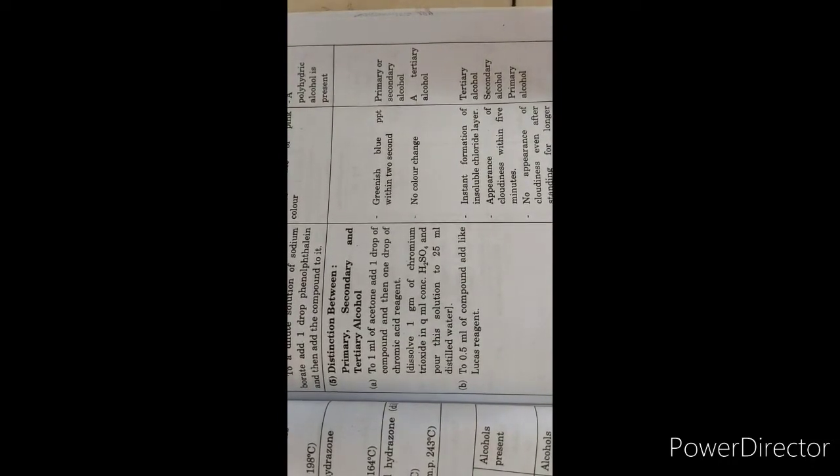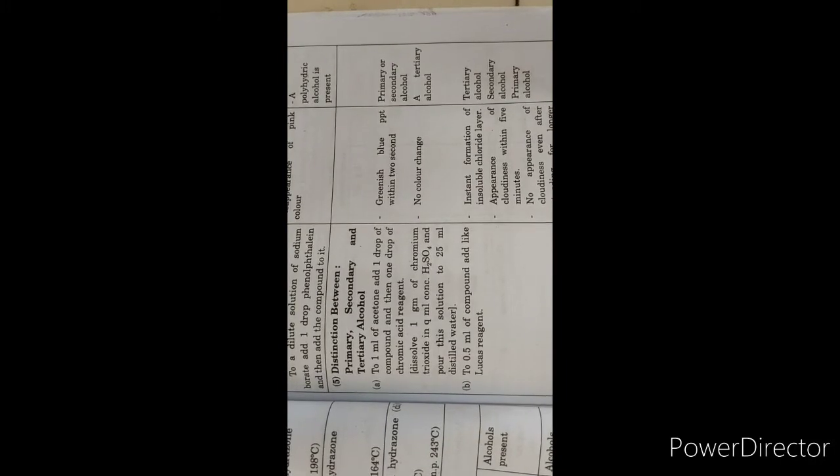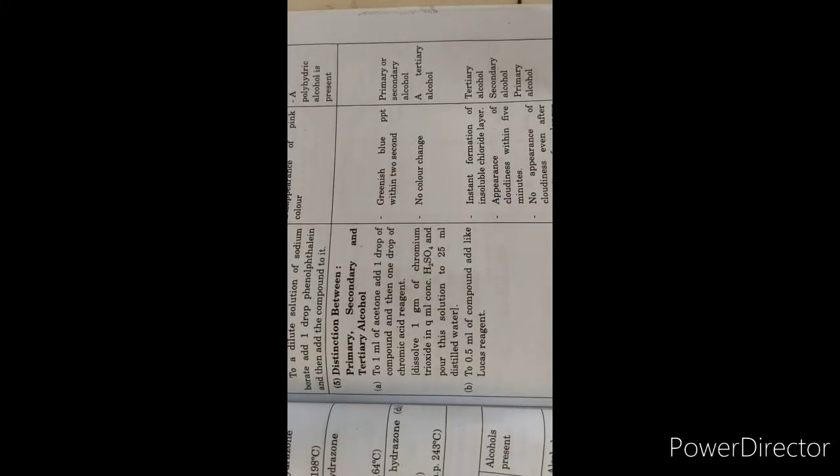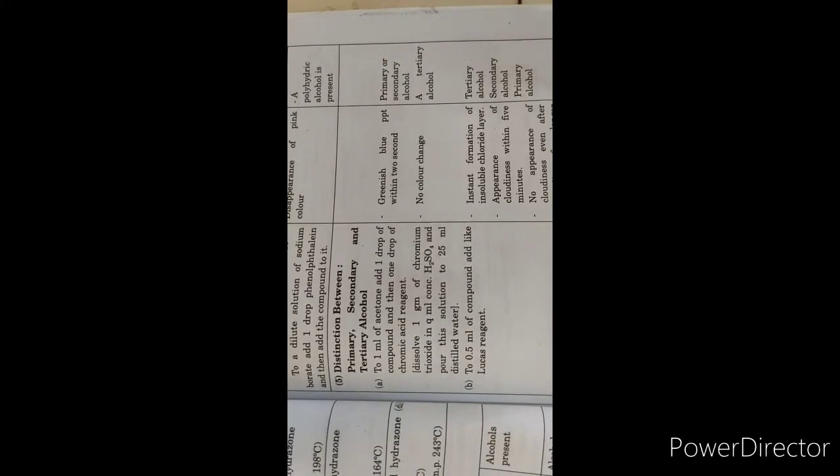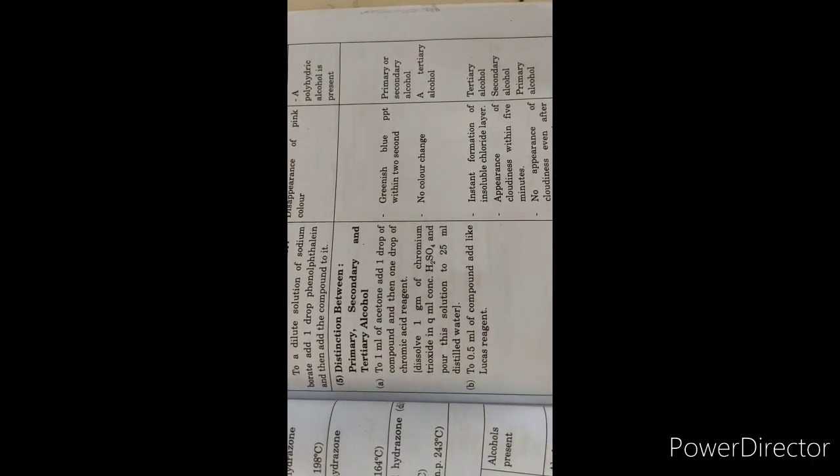If there is development of greenish blue precipitate within 2 seconds, primary or secondary alcohol is present. Here you can see that after performing the procedure, there is development of greenish color, we can say a slight greenish precipitate is there, so primary or secondary alcohol may be present.